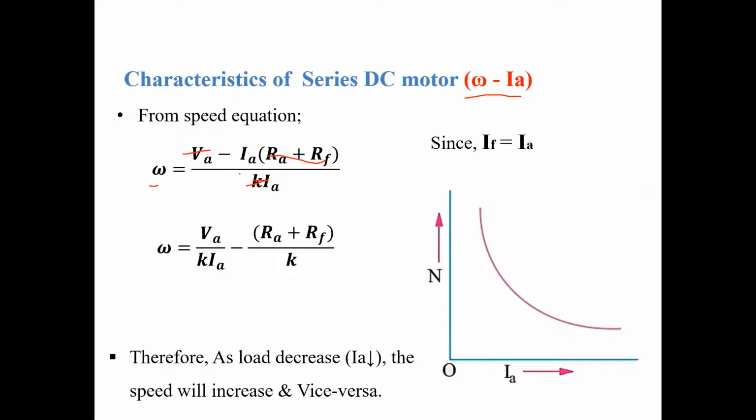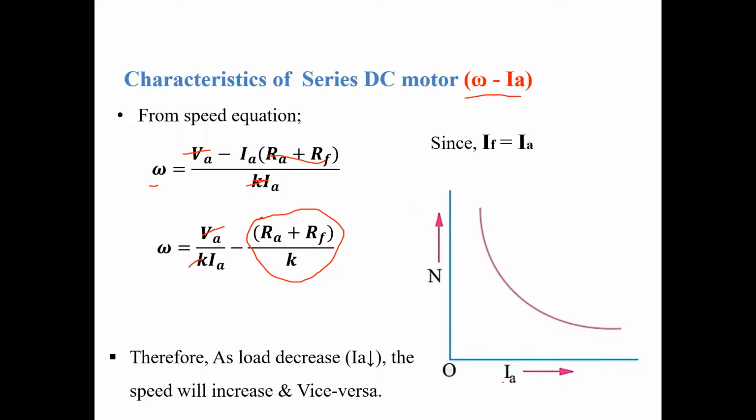Let us simplify the equation first: V_A divided by K I_A, minus, so I_A is cancelled by I_A, therefore (R_A plus R_F) divided by K. This quantity is purely constant. From this we can see that the speed is inversely proportional to the armature current. So the curve of armature current versus speed is inversely proportional. This is the speed versus armature current characteristic.